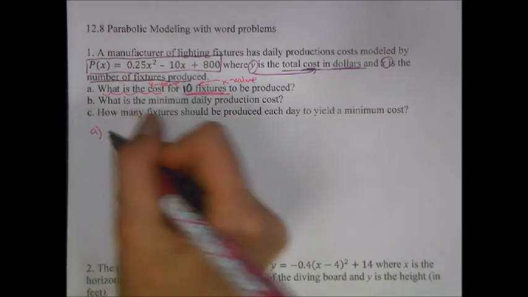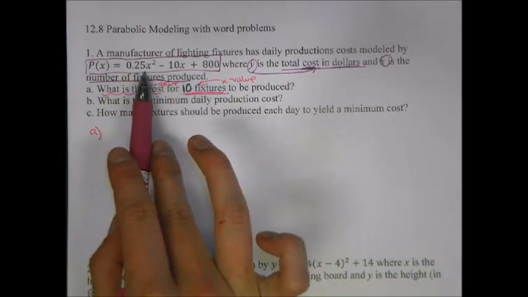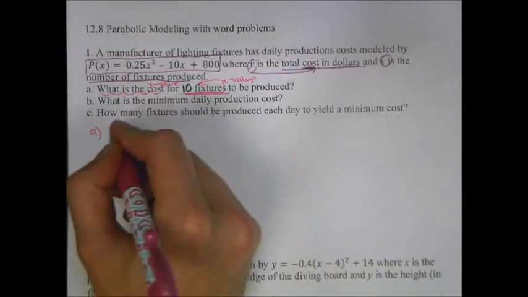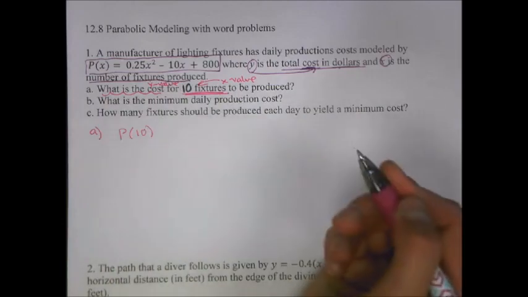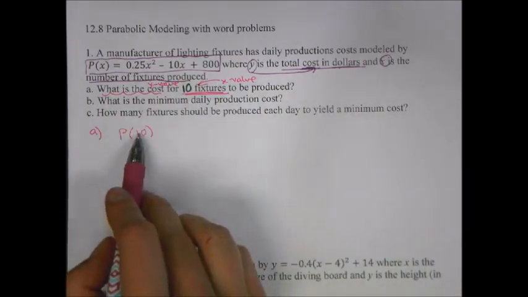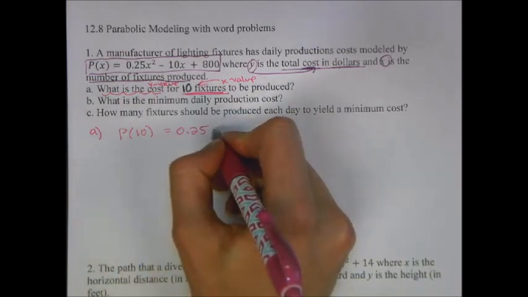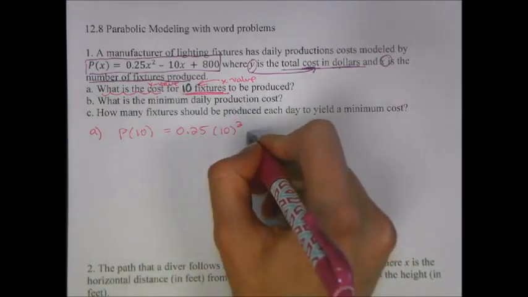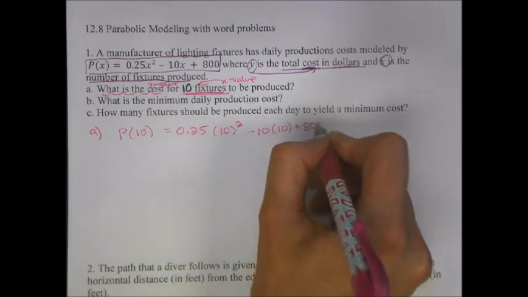For A, we're going to take 10 and plug it in. So P of 10, my model at the value of 10, is 0.25 times 10 squared minus 10 times 10 plus 800.